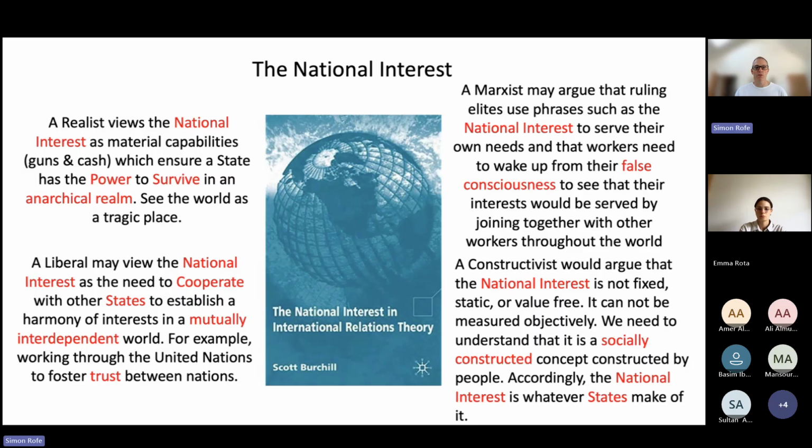Now, these are just four ways: the realist, the liberal, Marxist, and constructivist views. And again, this isn't the test, but simply to recognize that there are different interpretations of what national interest is. Because of that, we have different expressions of national interest at different times and in different contexts.